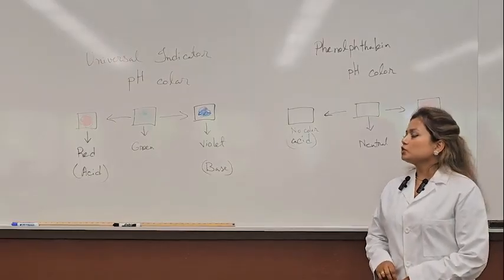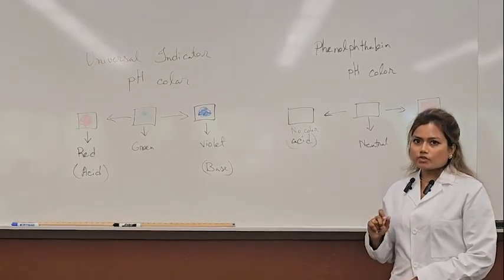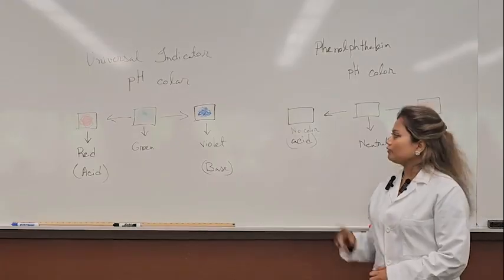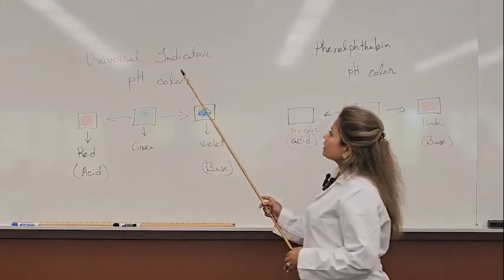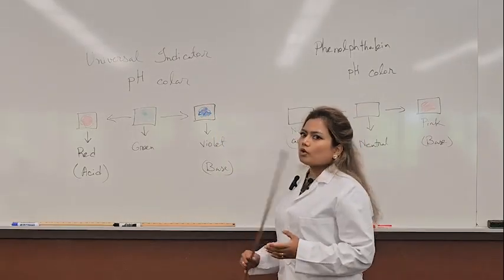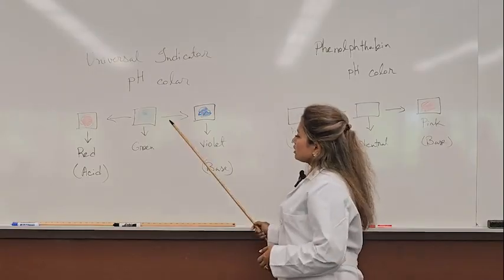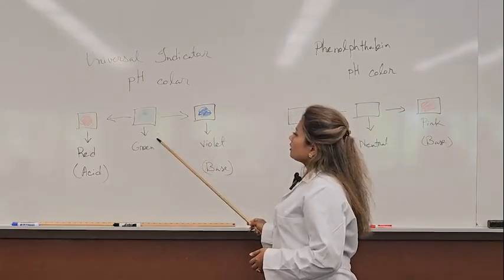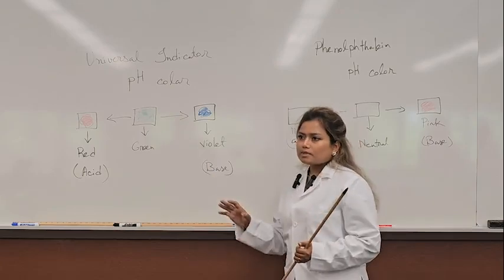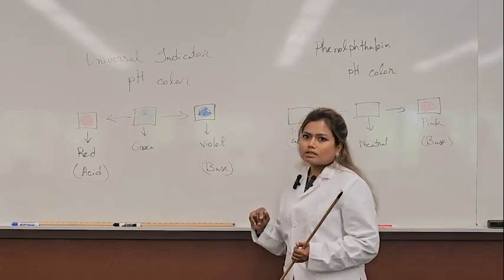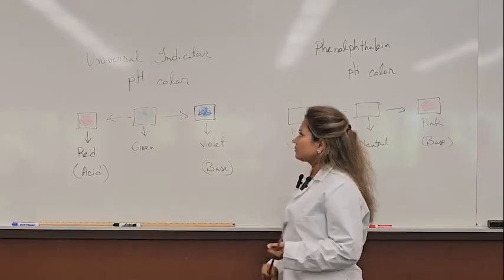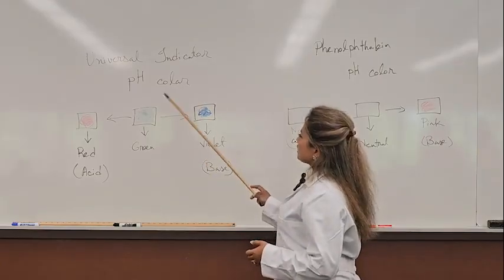So in this lab we used two indicators. One is universal and another one is phenolphthalein, right? With the universal indicator, the pH color, when it is green, it's neutral. That means we don't know yet if it has acid or base.